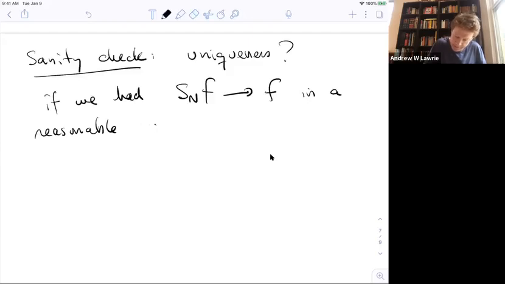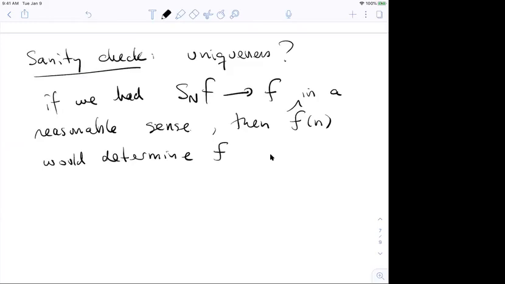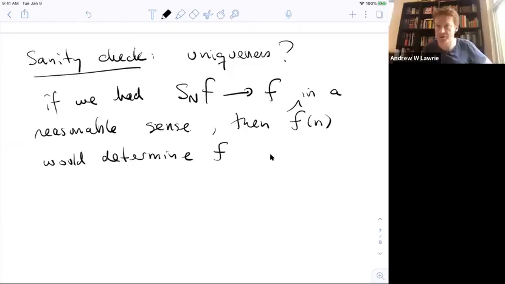If we had some type of convergence, if we can recover F from its Fourier series by taking a limit of the partial sums, then what we're really saying is that the Fourier coefficients would determine F, right? Because we could just take a limit of the partial sums, which are formed by these trig polynomials with the coefficients being the Fourier coefficients of the function.